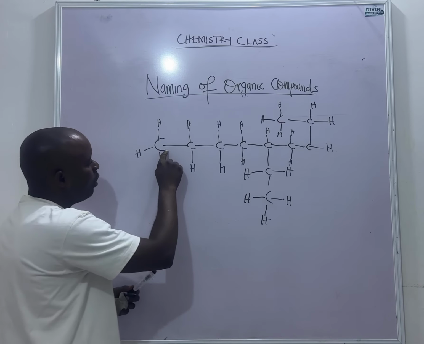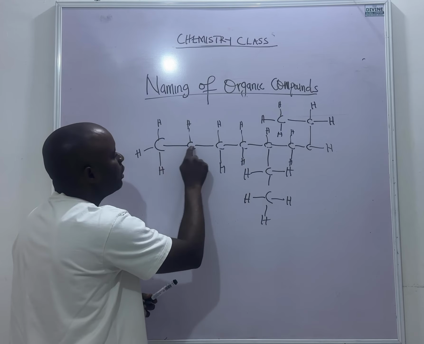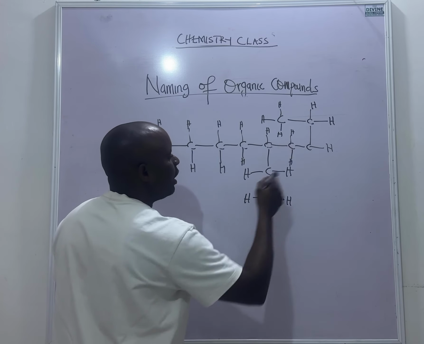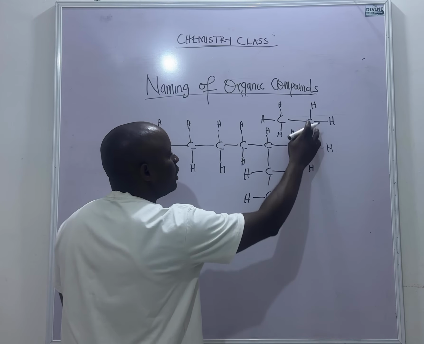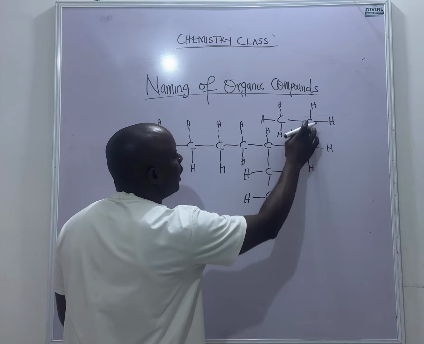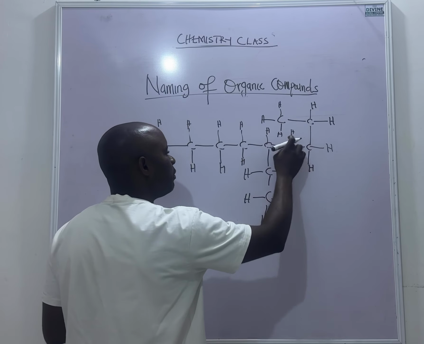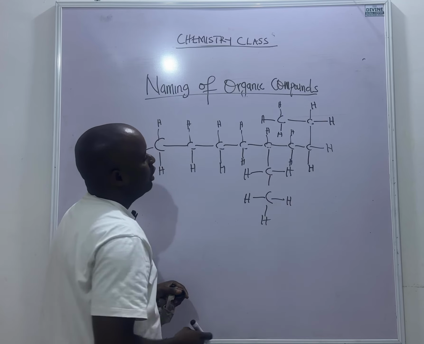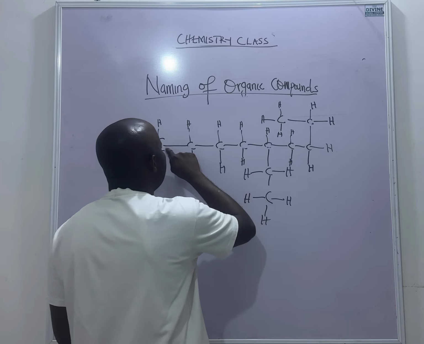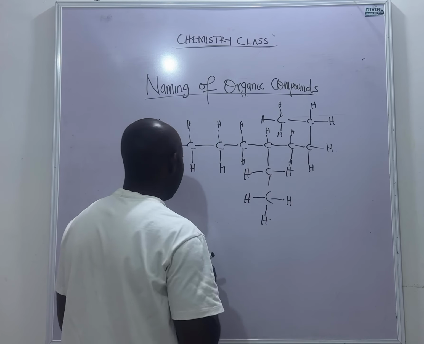If you check here, 1, 2, 3, 4, 5, 6, 7. You check here, 1, 2, 3, 4, 5, 6, 7. So yeah, the chain still continues. 1, 2, 3, 4, 5, 6, 7, 8, 9. That is 9. So the longest continuous chain contains 9 carbon.